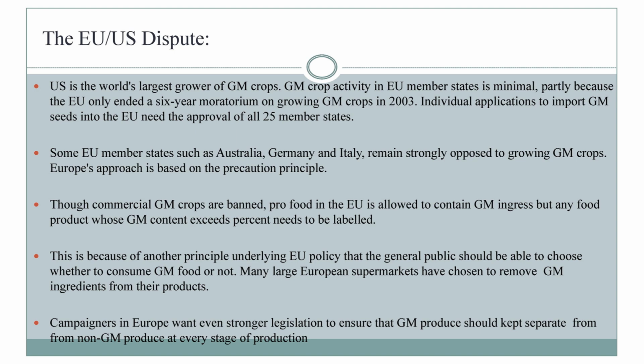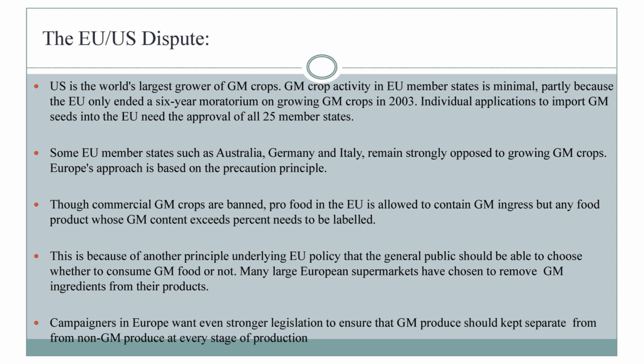GM crop activity in EU member states is minimal, partly because the EU only ended a 6-year moratorium on growing GM crops in 2003. Individual applications to import GM seeds into the EU need the approval of all 25 member states. Some EU member states, such as Austria, Germany, and Italy, remain strongly opposed to growing GM crops.